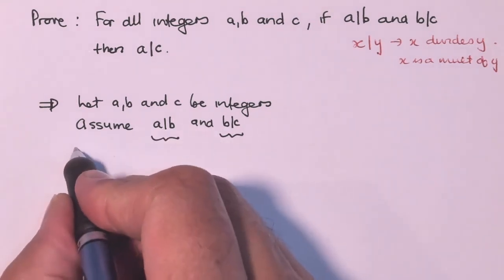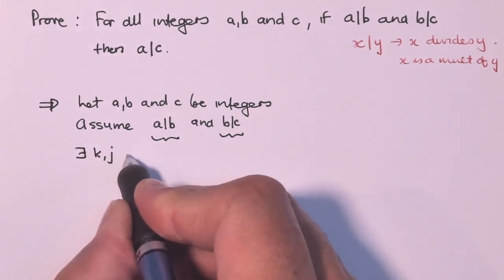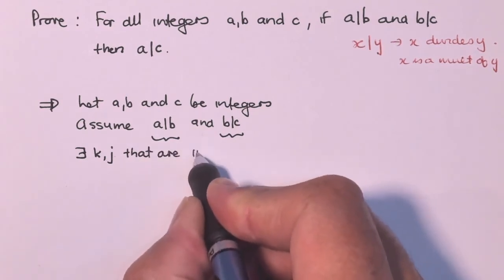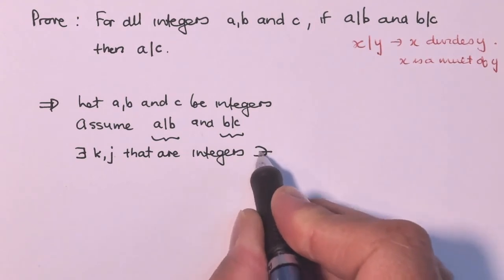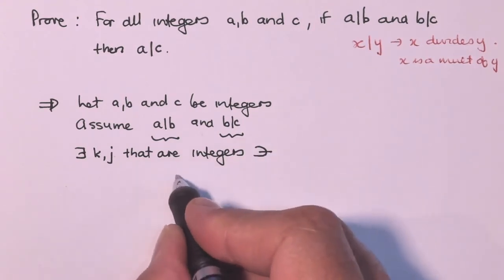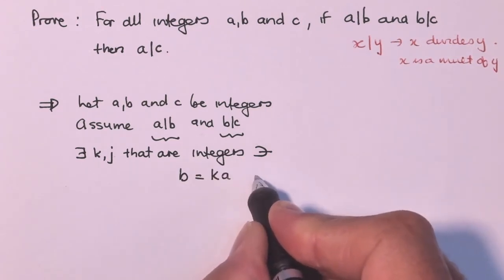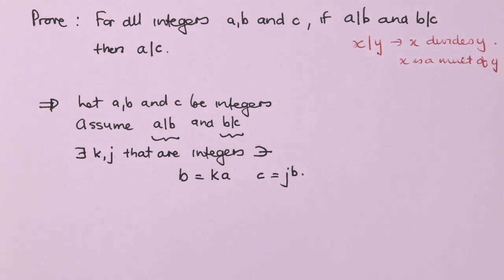So, there exist k and j that are integers such that, remember that symbol, such that b is equal to k times a and c is equal to j times b.